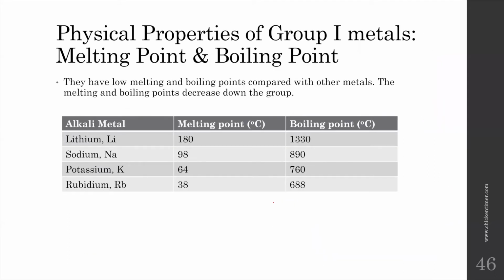The melting point of lithium, sodium, potassium, rubidium decreases down the group. The boiling point also decreases down the group. These are very characteristic of group 1 metals. Other group metals, like group 2 metals and transition metals, all have high melting and boiling points, just different.